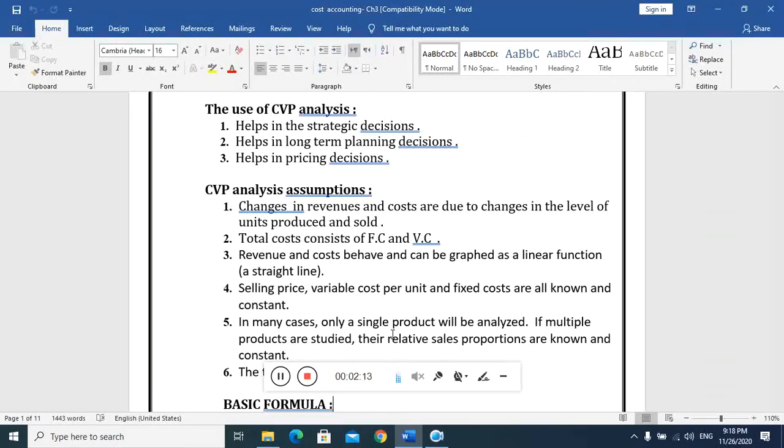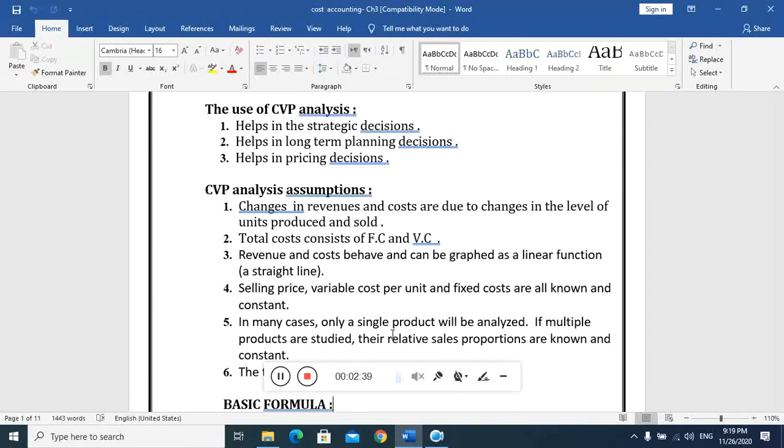The change in the level of production will change the revenues and the costs. This is a direct relationship. When the units produced and sold change, directly the revenues and costs will change.